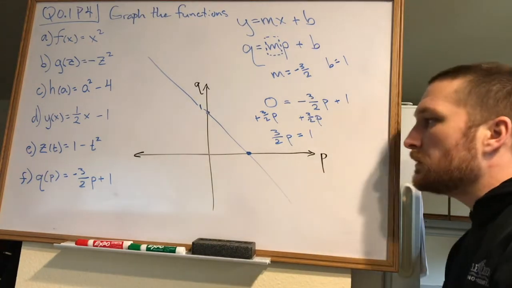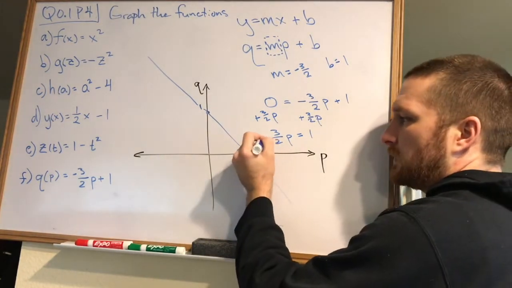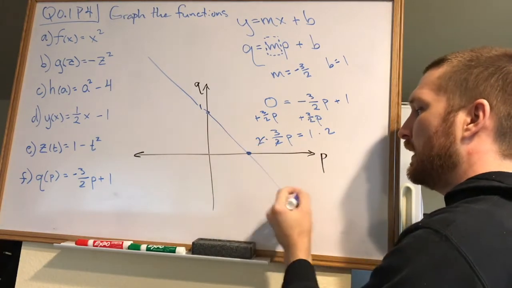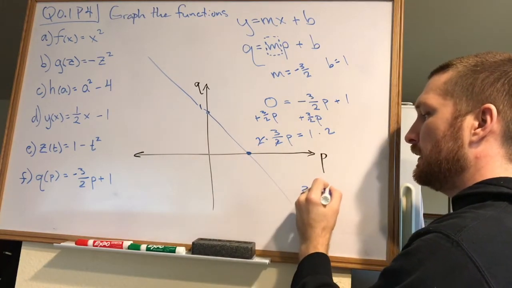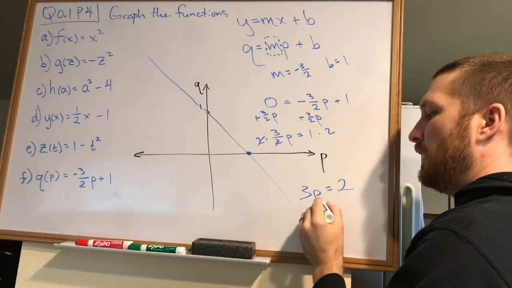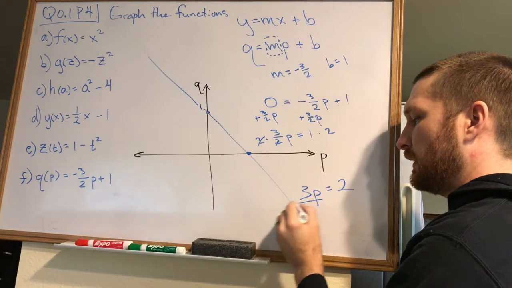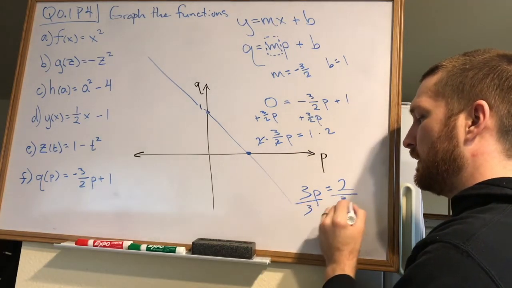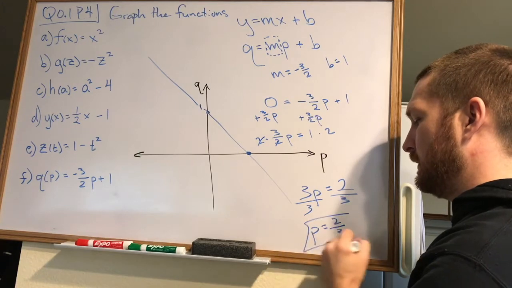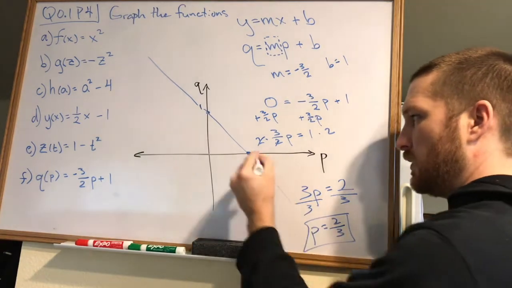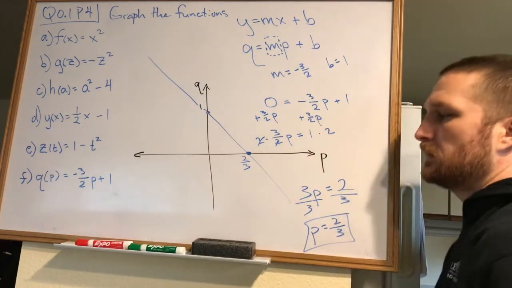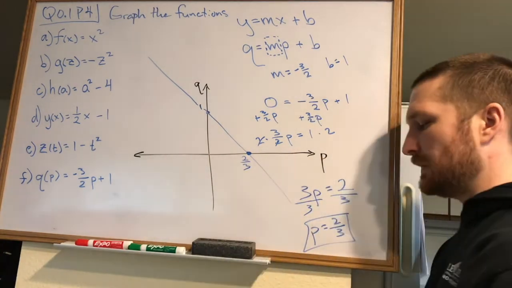I hate fractions. Let's kill that fraction. How about multiply both sides by 2? Okay, that cancels that. I'm left with 3p equals 1 times 2 is just 2. Now, p gets multiplied by 3, so to undo multiply, we divide. P equals 2/3. And so the input value is 2/3. Rather, when the input value is 2/3, my output value should be 0.